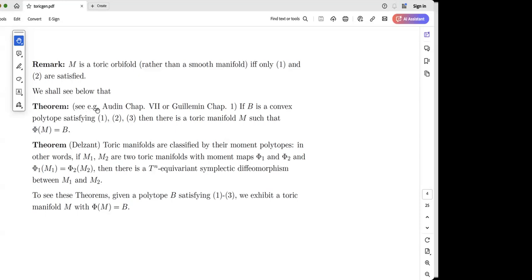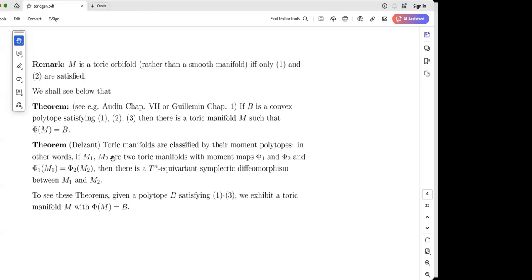So we will see that in the situation where B is a convex polytope satisfying the three conditions I listed above, then there is a toric manifold so that the image of the moment map is this polytope B. Delzant showed that toric manifolds are classified by their moment polytopes.